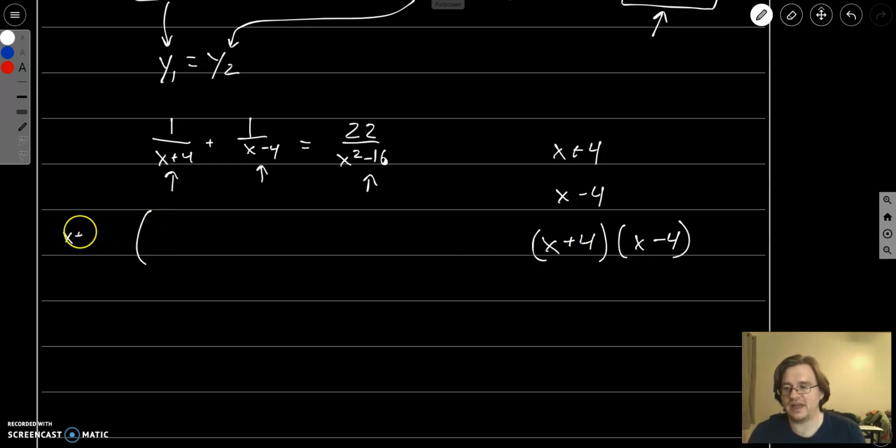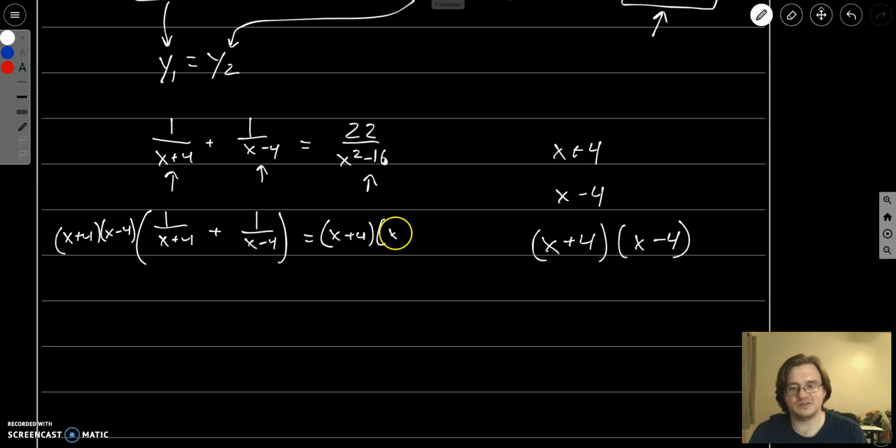So x plus 4 times x minus 4 times the entire left-hand side. And this will be equal to, again, whatever we do to one side, we'll have to do to the other. And we are ready to start canceling and solving our equations.